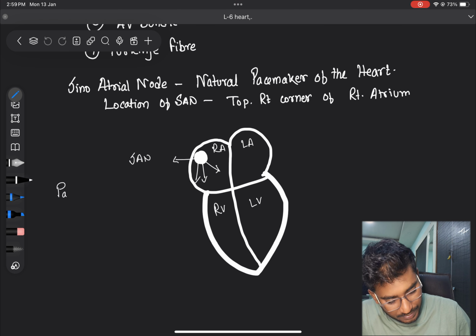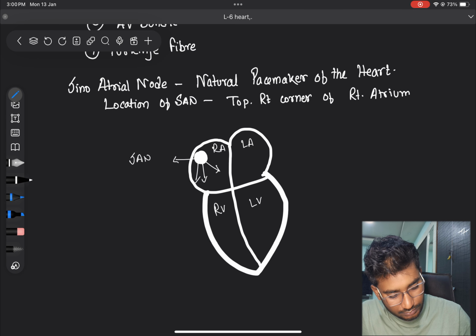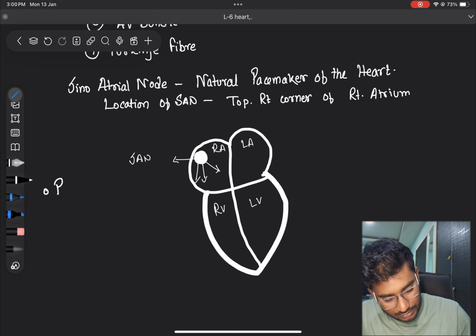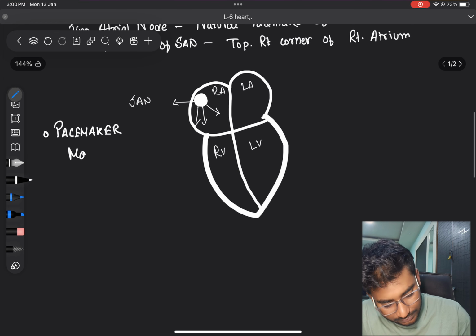The SAN is the pacemaker. What is the function?